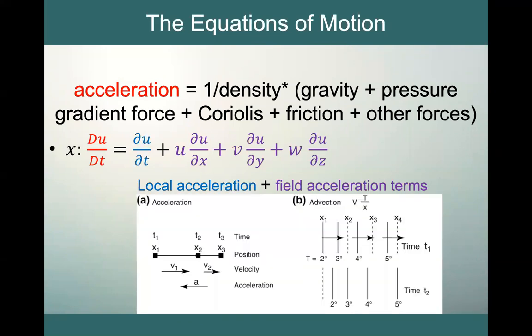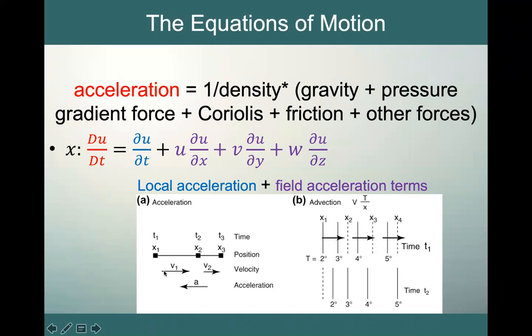Looking at these pictorially, we see right here we have our local acceleration, which is just the simple acceleration that we talk about normally, where we have our change in our velocity with time, and that gives us an acceleration.